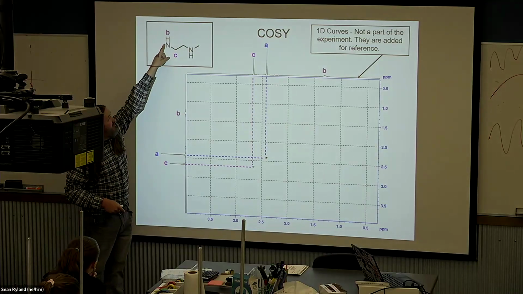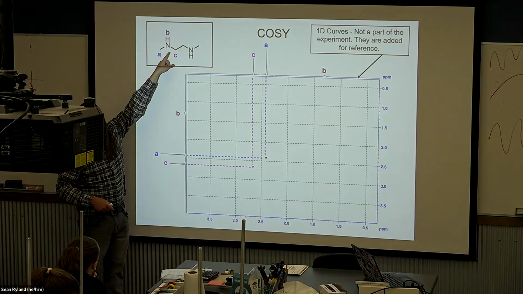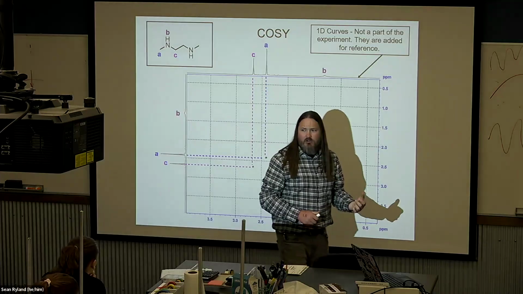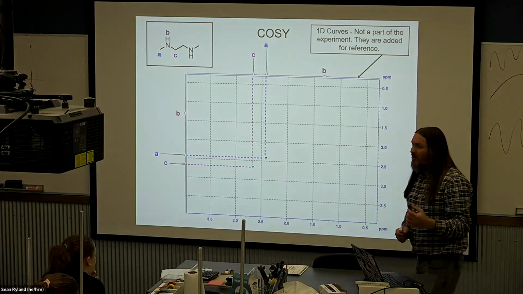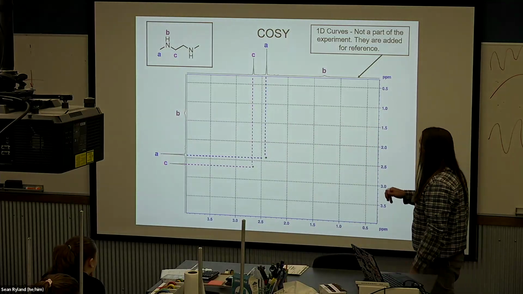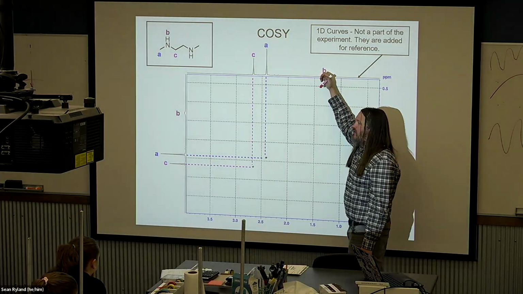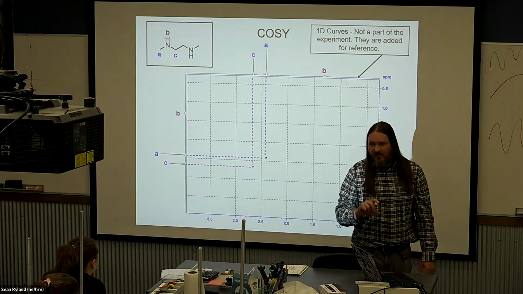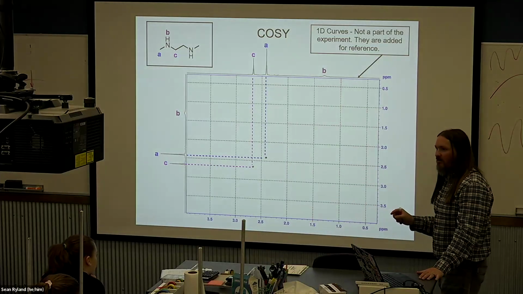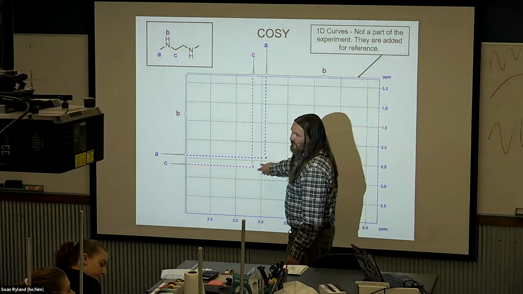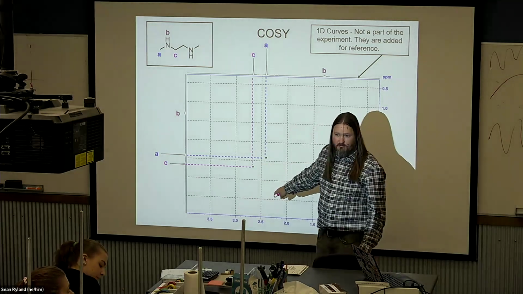And A can't be coupled to B and C can't be coupled to B because it's attached to a different type of atom. So remember how we don't see splitting with alcohol hydrogens? They might show up on our NMR, but they would never show any splitting because the energy of the oxygen is too different than the energy of a carbon-hydrogen bond. So we only have two signals in our 2D NMR.